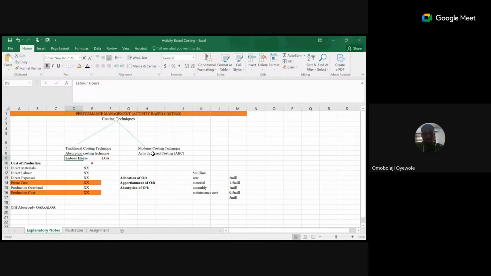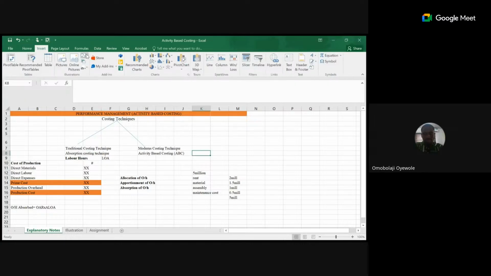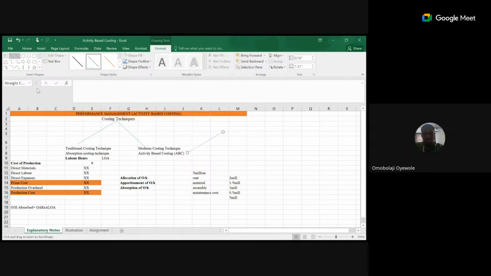And for every cost pool, there's something we call a cost driver. So let me do something like this. I'll say 1, 2, and 3.